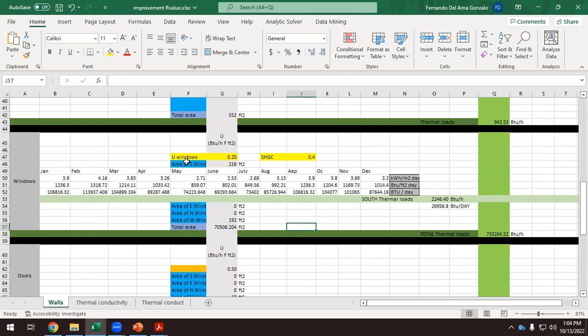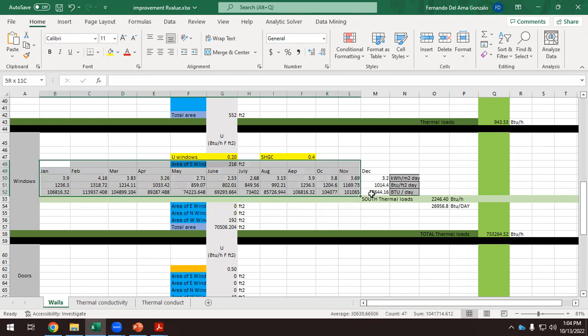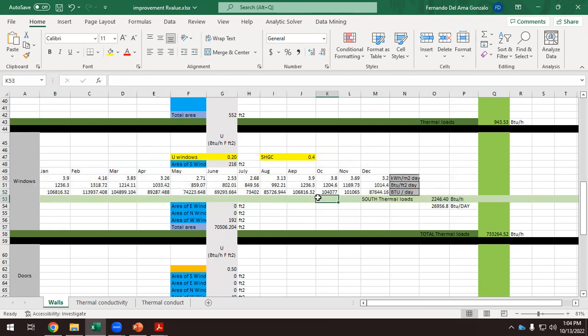Okay, so we did this for the southern windows, and we have to do something similar for the rest of the orientations. Here we have the south, east, and north and west.